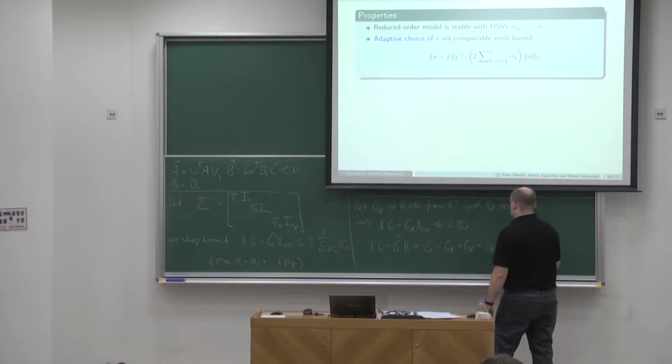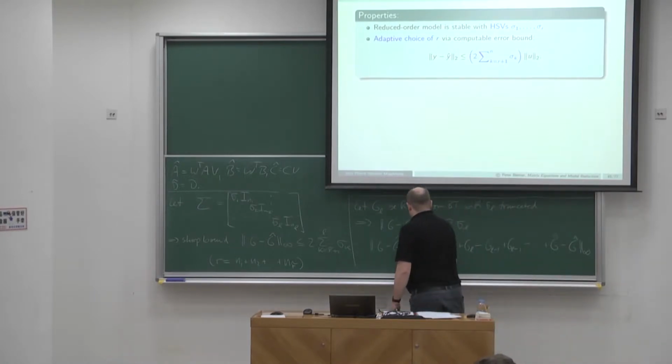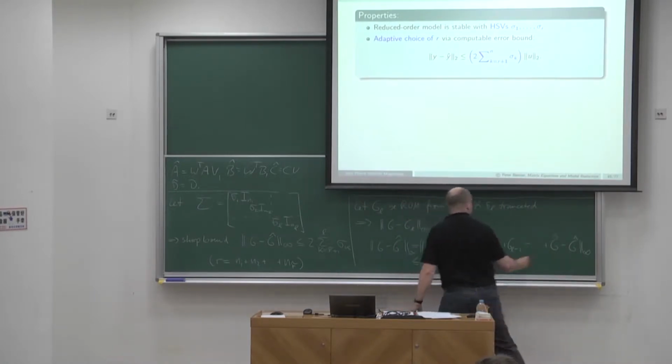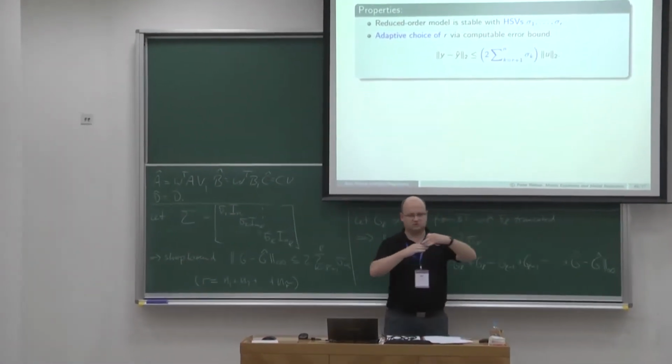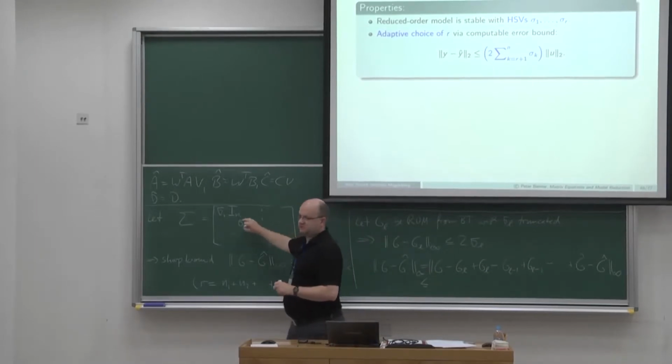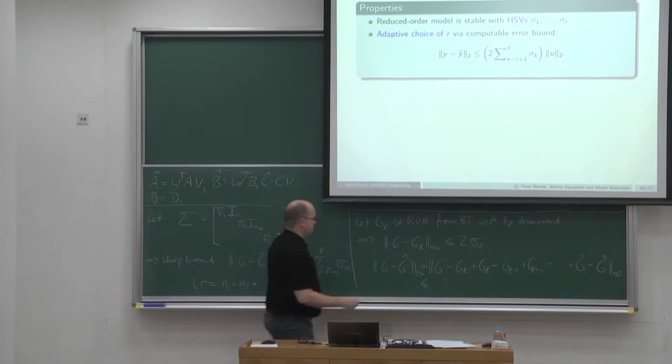And you apply the triangle inequality. So you take the next reduced order model by truncating the next block until you reach G hat of that size.